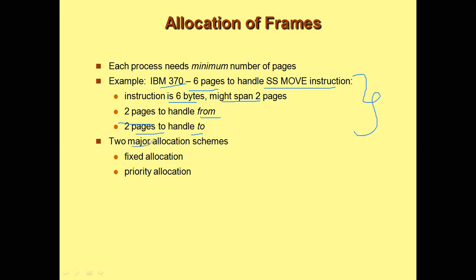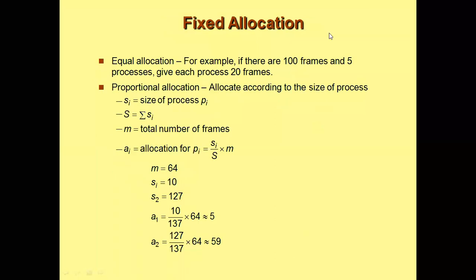There are two major allocation schemes. One is fixed allocation and one is priority allocation. In fixed allocation, each of the processes will be getting a fixed number of frames. Here it's very simple. They have given an example here.